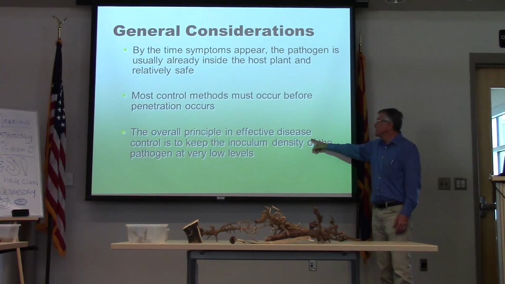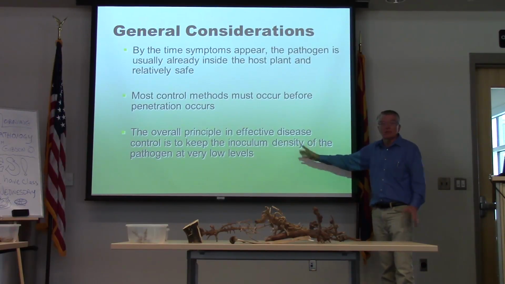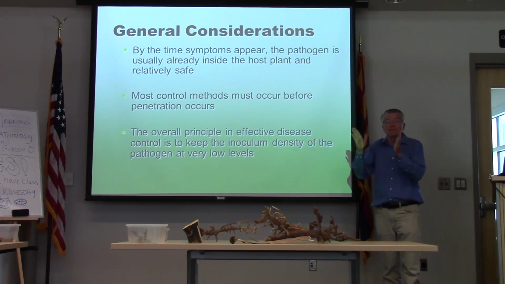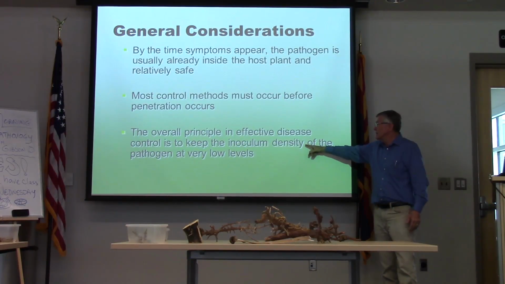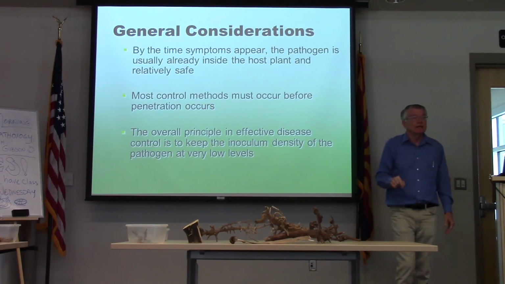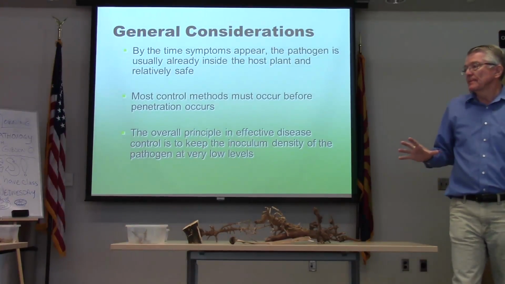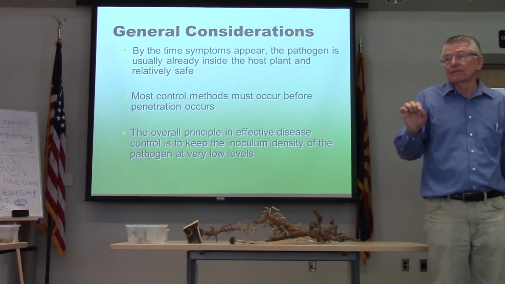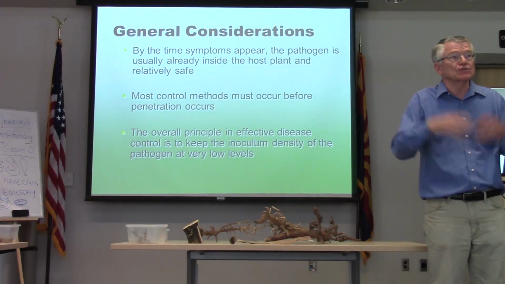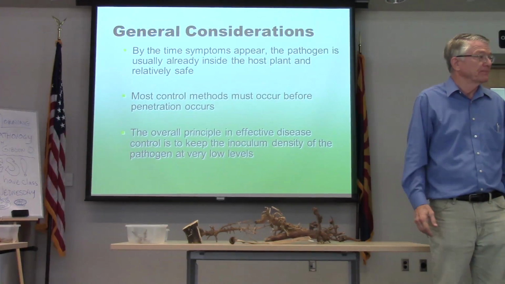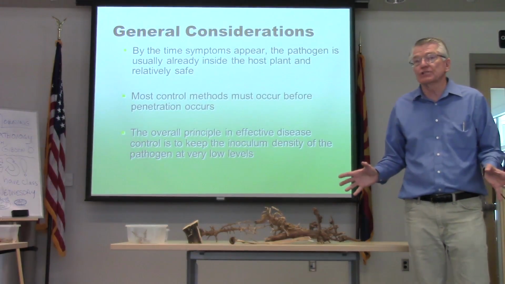The overall principle in effective disease control is to keep the inoculum, that is the number of particles that cause the disease, whether it's a virus or bacteria or fungus, at very low levels. There's no disease that just one particle is going to destroy the host plant. They're just not that way.